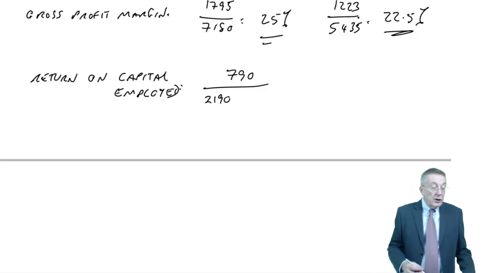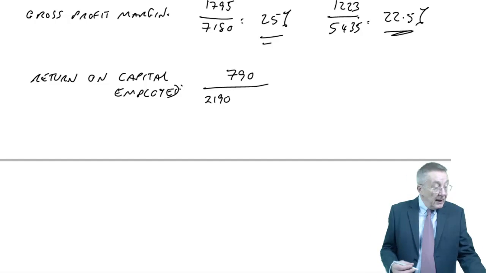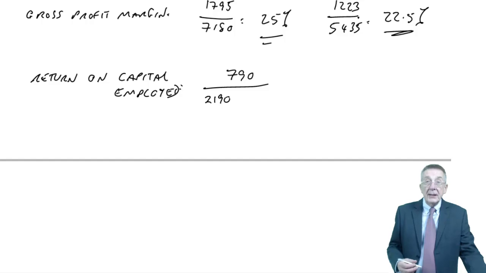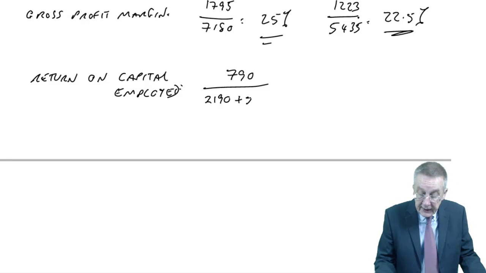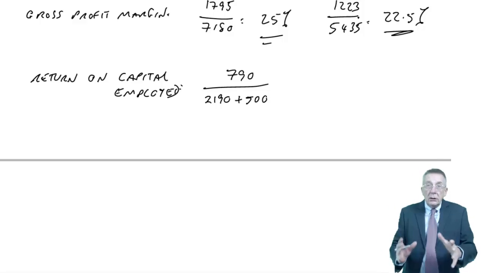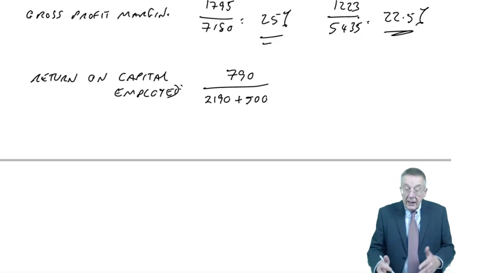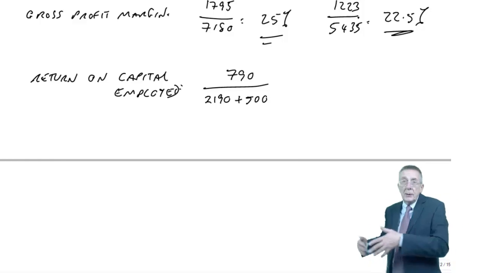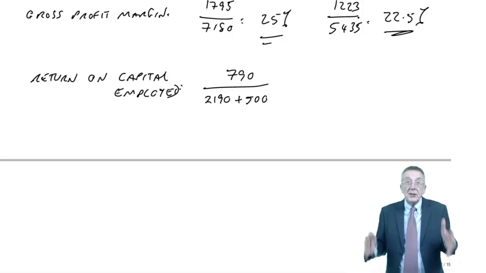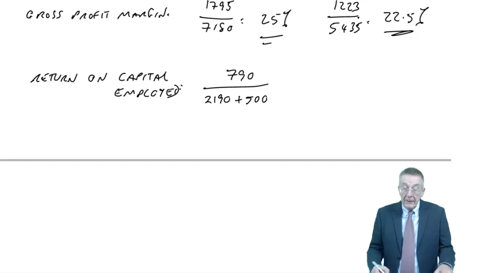And in addition, they've raised long-term money from non-current liabilities, the long-term loans, which again in 2007 is 500. So the total long-term money in the business is 2690. Whether it's all from shareholders or whether some of it's from shareholders and some of it's from loans doesn't matter. That's the total finance in the business.